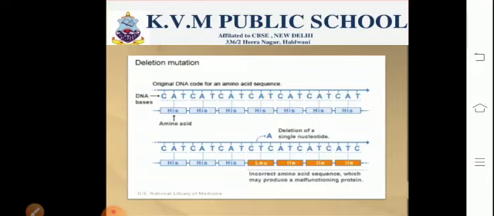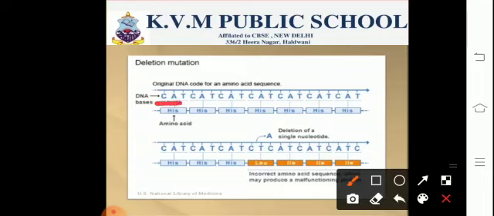This pictorial representation depicts the deletion mutation, where we can see a codon, CAT, encoding the amino acid histidine.